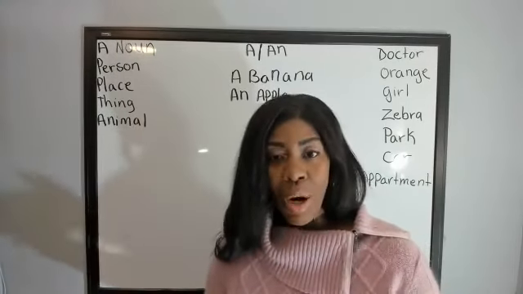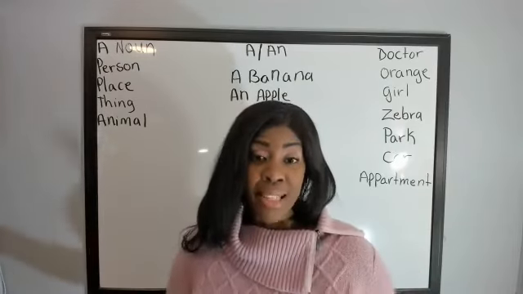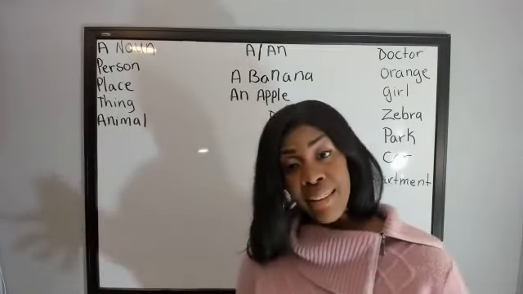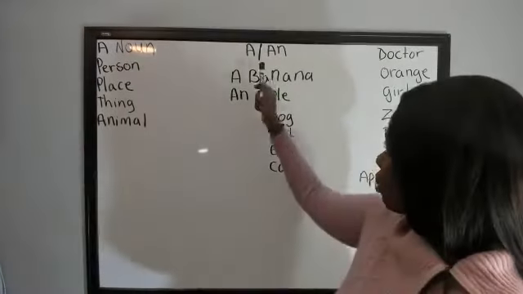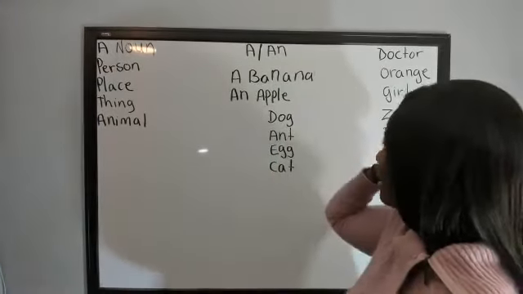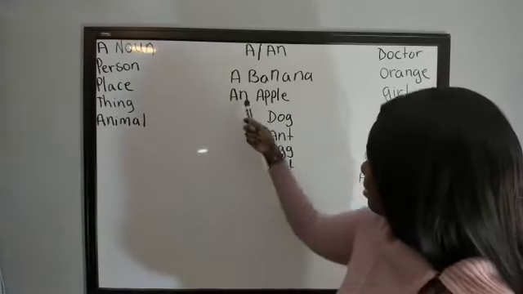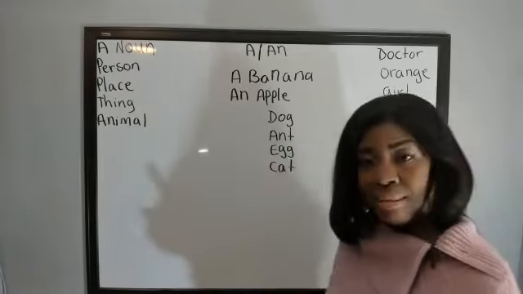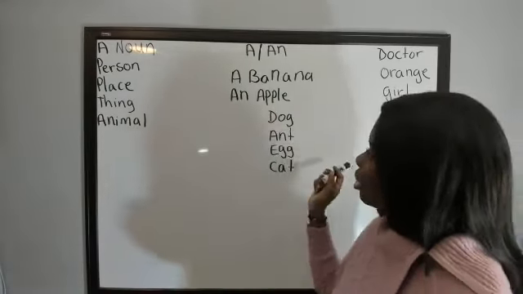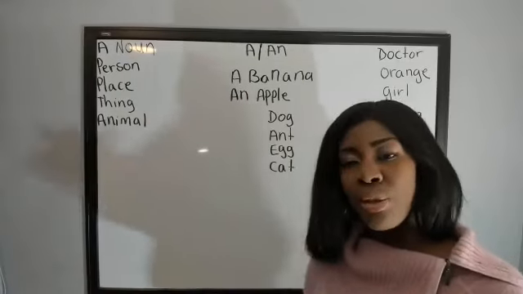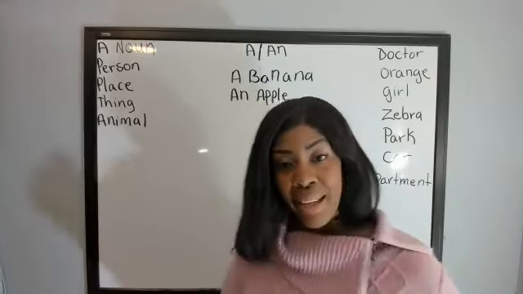A girl or a boy. A doctor is a person, so it's a noun. Anything that has a name is a noun. So we use the word a or an with nouns, for example, a banana. Now let's get back to when you use a versus when you use an.